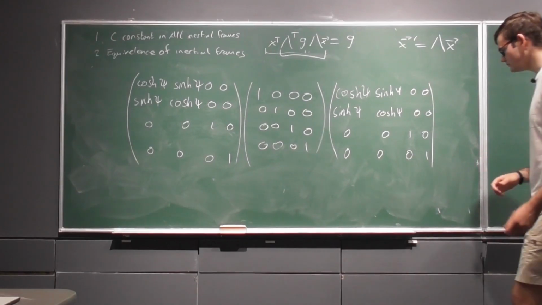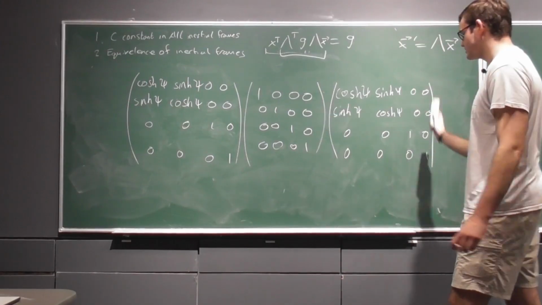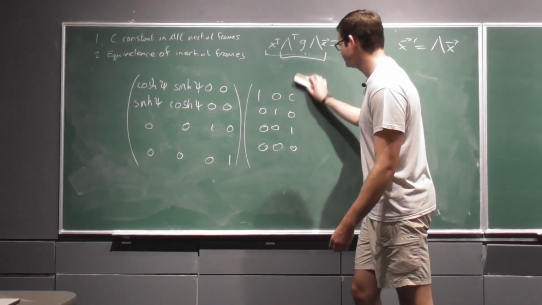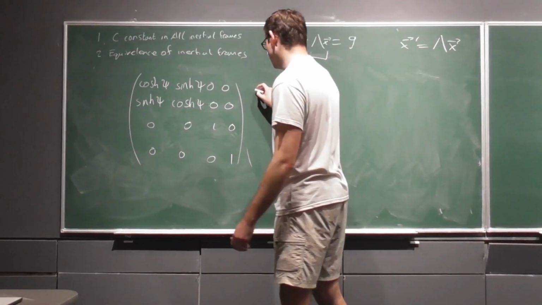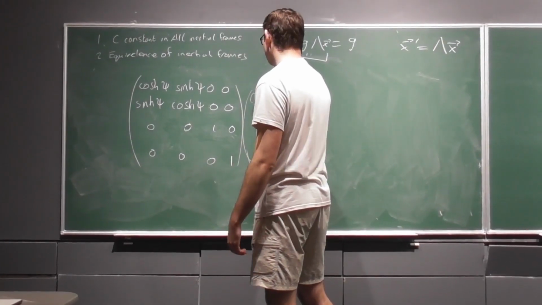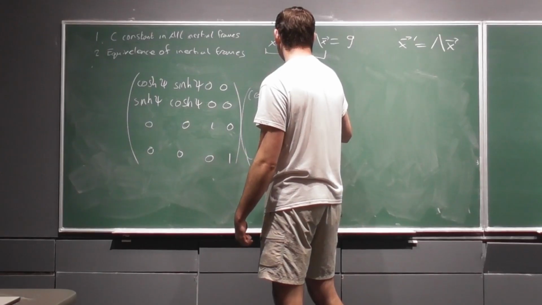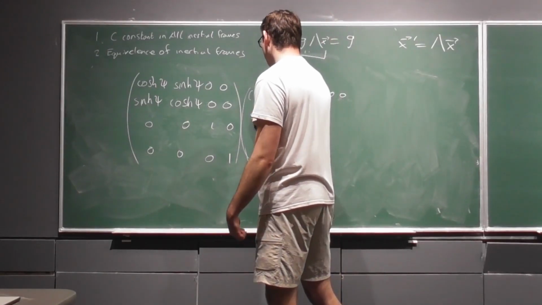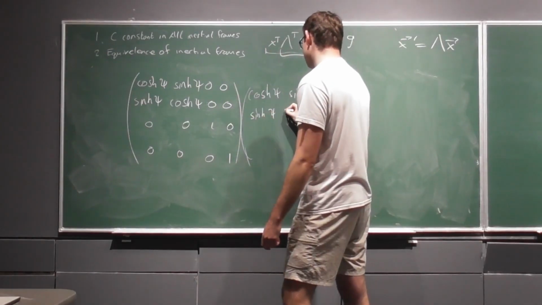Okay, so the identity matrix times this is just going to give me the same thing, right? So then the question is, what is this times itself, basically.